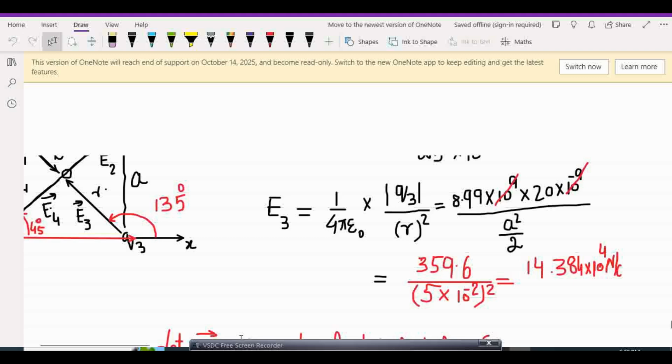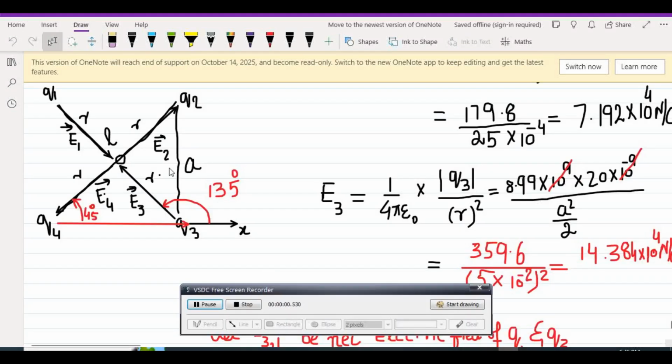E2 is directed towards Q2 away from O, and E4 is directed towards Q4 away from O, so they cancel each other. The resultant will be E2 minus E4 because E2 is bigger, so the resultant direction will be in the direction of E2, that is towards Q2.